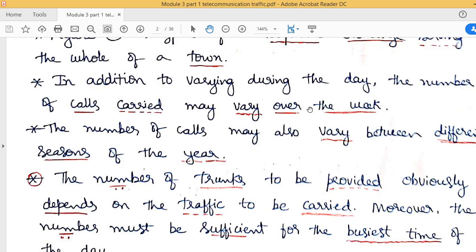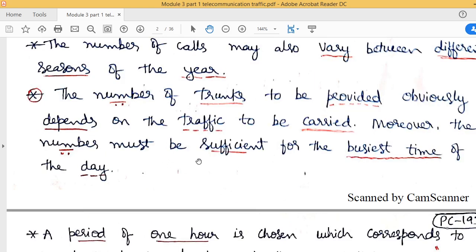If I am speaking with respect to a particular week, we observe a larger number of calls during Sunday and Saturday. Similarly, with respect to a year, we may observe a large number of calls during the summer season. And please note that the number of trunks to be provided obviously depends on the traffic to be carried.